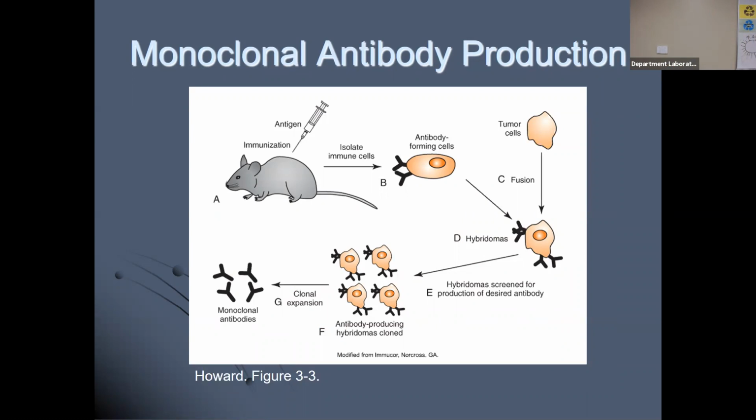Those B cells that are producing the antibodies are extracted and combined with tumor cells. So now we have what we call a hybridoma. These hybridoma cells are producing antibodies. We will extract those antibodies, and it's a single clone of antibodies. This is monoclonal. And that is how our reagent antisera is manufactured.